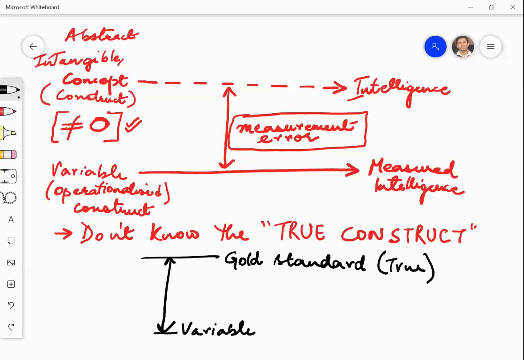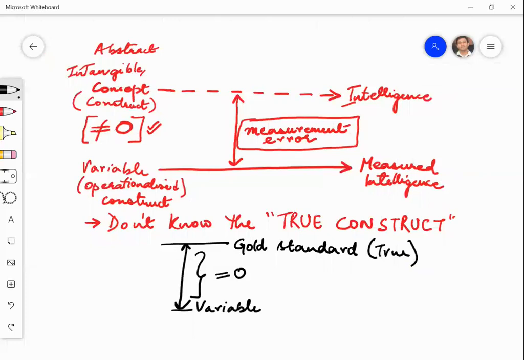Only if I know the gold standard can I compute this difference and check whether it is zero or non-zero. But the problem, as I have been trying to demonstrate for the last few minutes, is that we don't even know what the gold standard is.